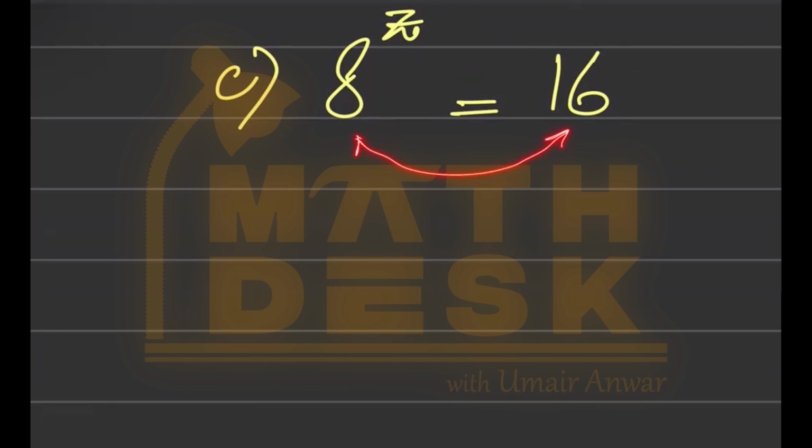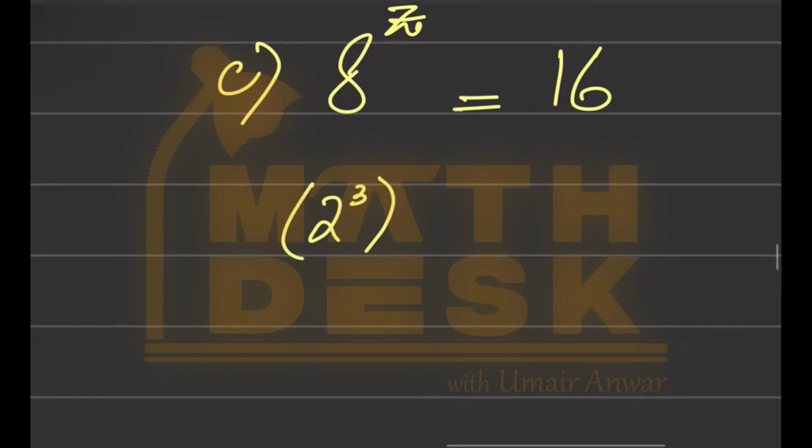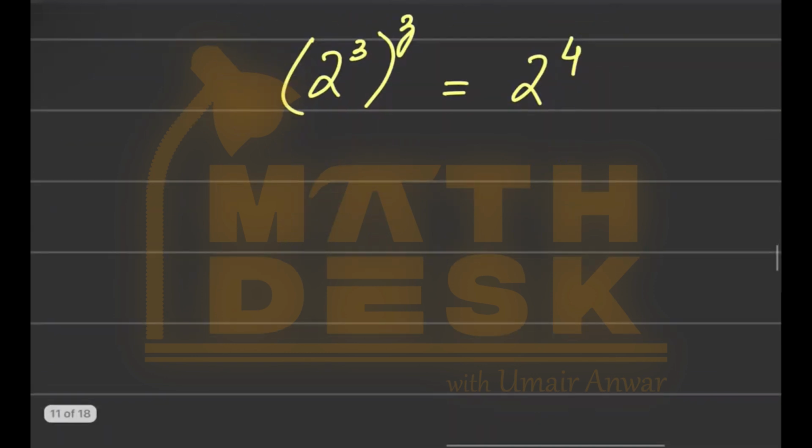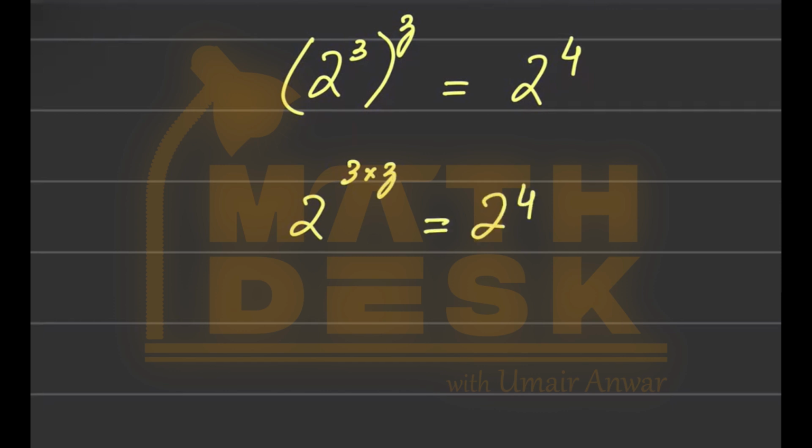So 8 could be converted as a base of 2, so it would become 2 cube, and 8 raised to z becomes 2 cube raised to z. 16 could also be converted to a base of 2, so it would be equal to 2 raised to 4. On the left hand side, 3 would get multiplied with z, and we have 2 raised to 4 on the right hand side. So we have 2 raised to 3z is equal to 2 raised to 4.